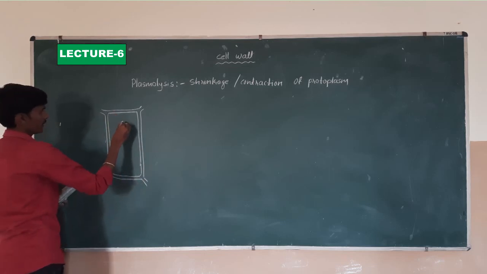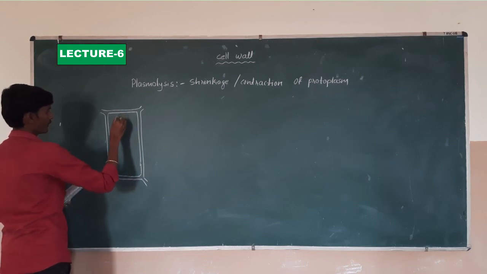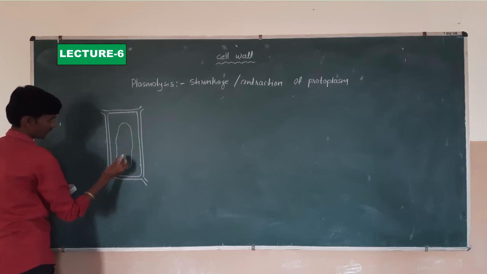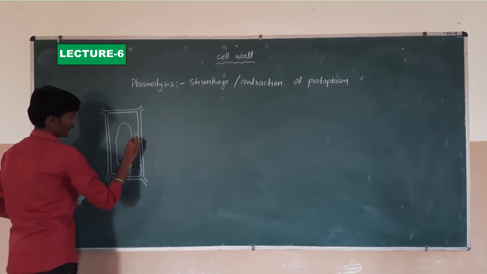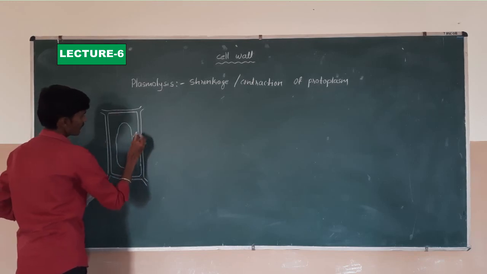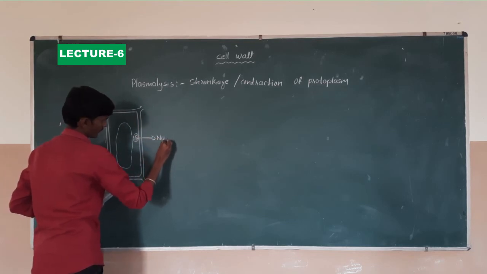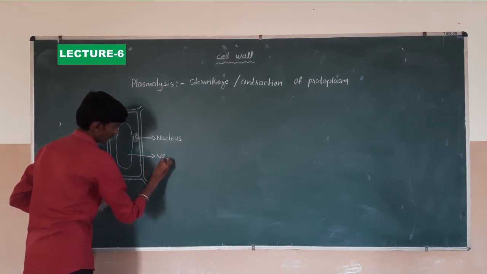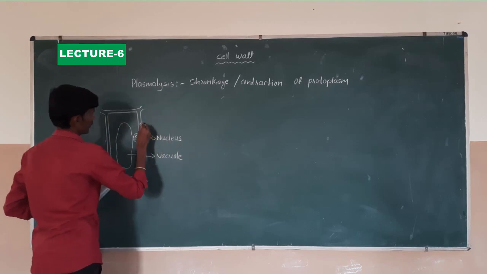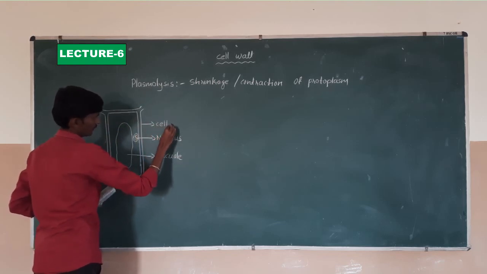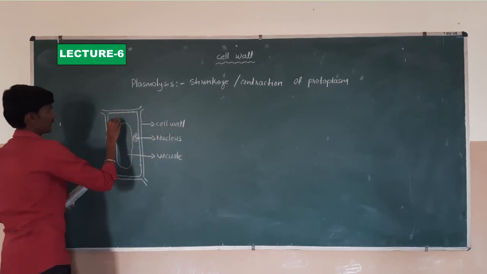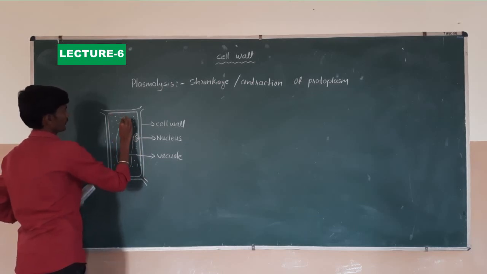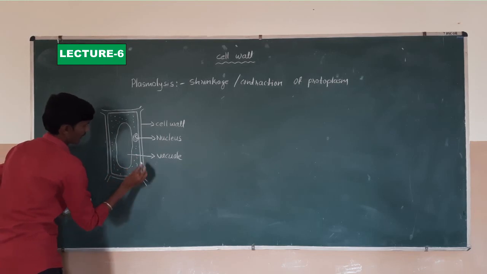This is the plant cell. This is called the nucleus. This is called a vacuole. This is the cell wall. And this structure is called the cytoplasm.